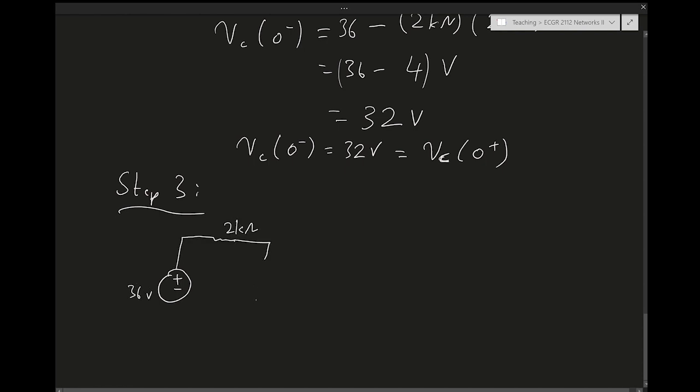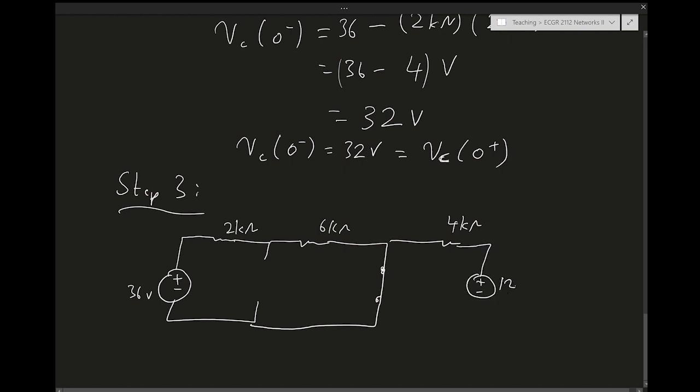I'm not going to draw the capacitor now. 6 kilo ohms. And then this becomes a short. And then this is 4 kilo ohms, 12 volts. It's like we separated the circuit into 2 independent circuits. And now we want to solve for I just after the transient.